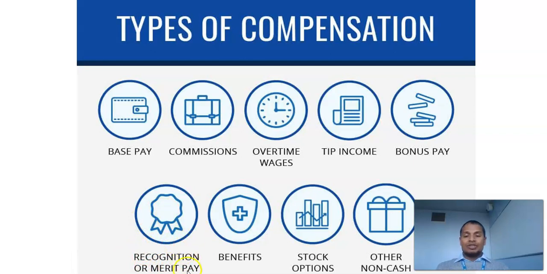So that's recognition or merit pay, which is also a cost for the organization. Benefits: there may be other benefits like medical benefits, transportation cost, fuel cost, some snacks, or other expenses spent on the employees. Stock options can also be recognized as a cost for the organization.